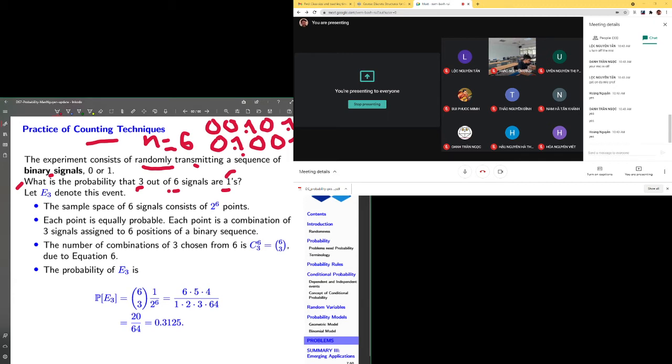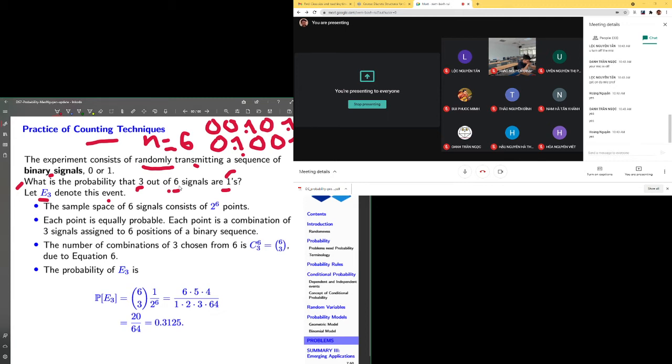Okay. Then you have to symbolize that event by this one. This is my notation for that event. Denote the event to observe 3 over 6 signals to be number 1. Then you have to compute the total sample space, right?